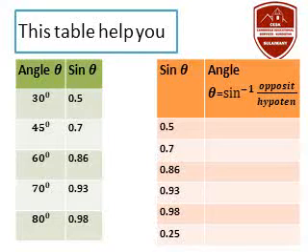Angle 60, sine 60 equals 0.86. Angle 70, sine 70 equals 0.93. So this column is the sine of the angle, sine theta, where theta is the angle.